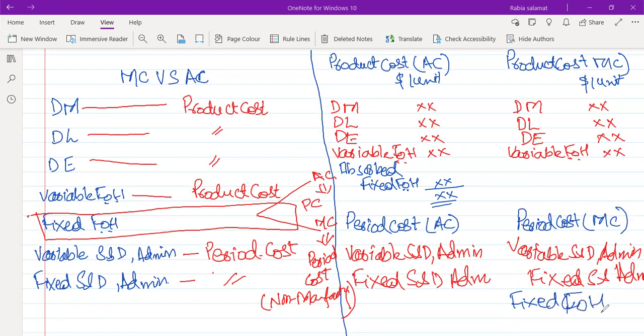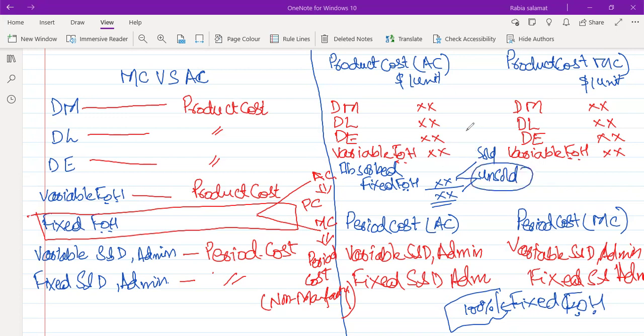When it is treated as a period cost, it is charged 100% in the income statement. But when it is charged as a product cost, it is divided into sold and unsold units.